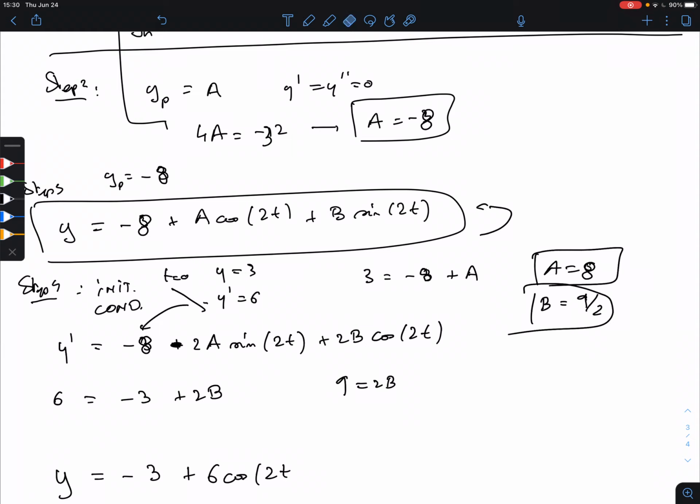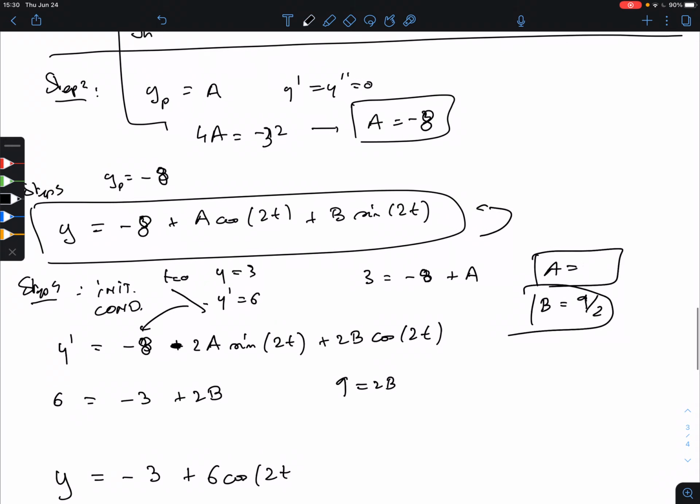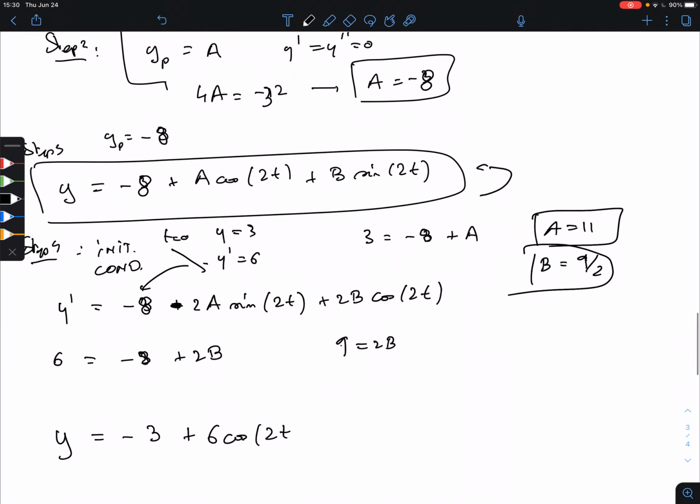Sorry, I said that wrong. Yeah, a is 11. And then here we have also 11 minus 8, so we get 6 minus 8 is b, so 14 equals b, so b is equal to 7.